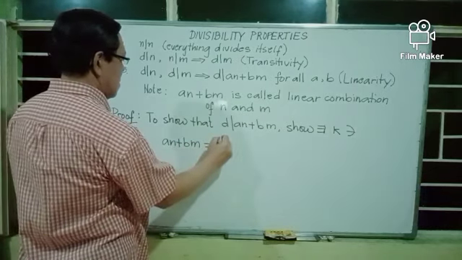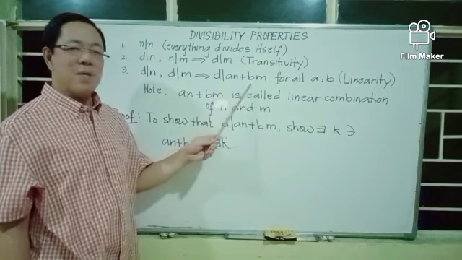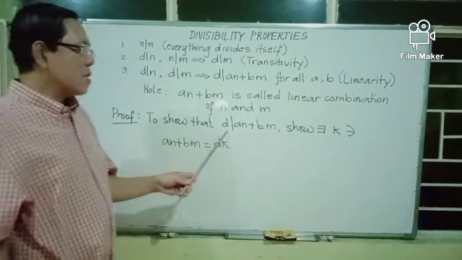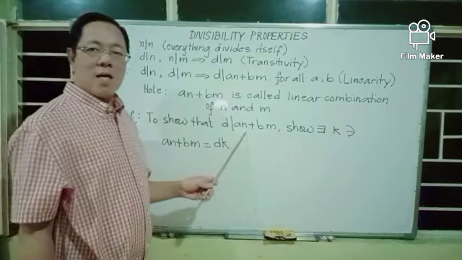Again, to show that the conclusion of the linearity property is correct, that is, d divides an plus bm, we must show that there exists an integer k.